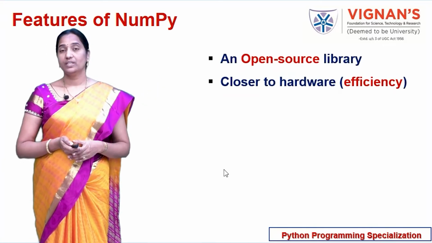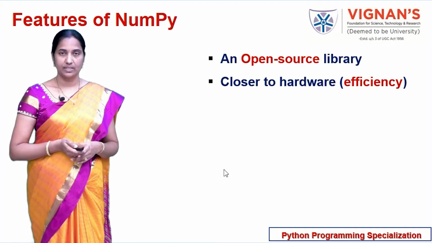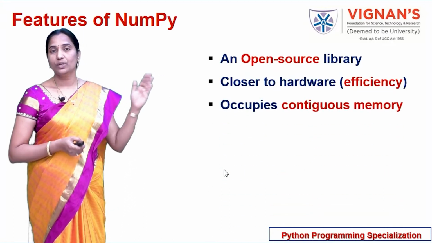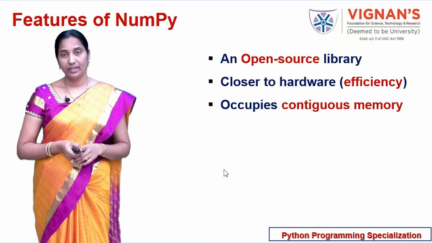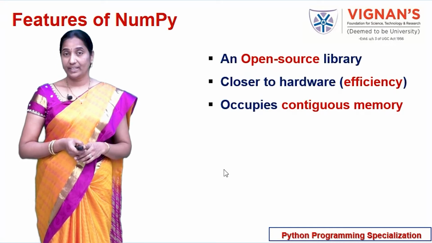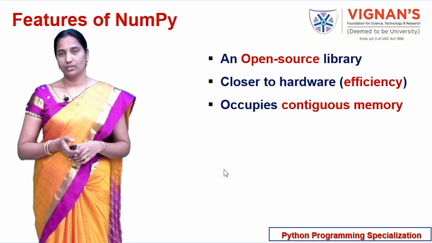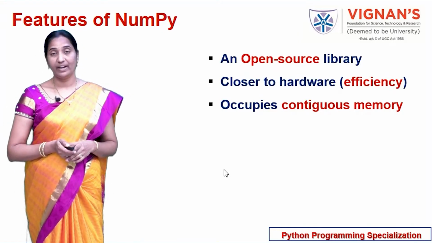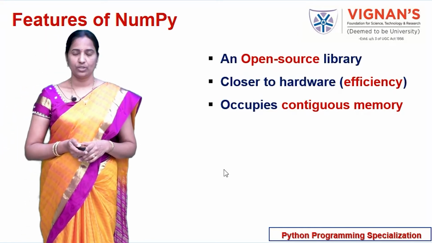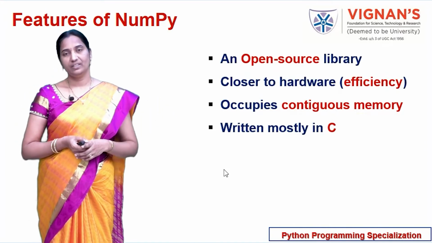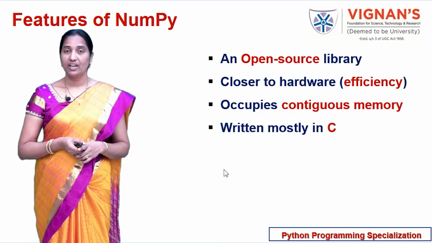That is why it is more efficient compared to lists, and it occupies contiguous memory locations while storing. So, it can be easily accessed while retrieving the elements of the matrices or arrays. That is another advantage of using the NumPy package, and it is written mostly in C for efficiency reasons, and part of it is written in Python also.